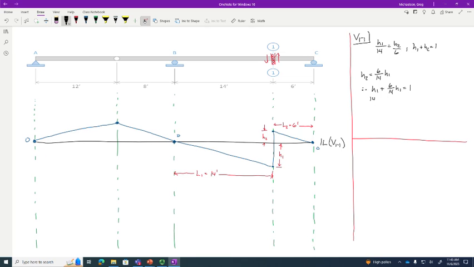So this is 14 over 14 H1 plus 6 over 14 H1 is 1. So 20 over 14 H1 is 1. So this is 7/10, which makes H2 3/10. Does that make sense?